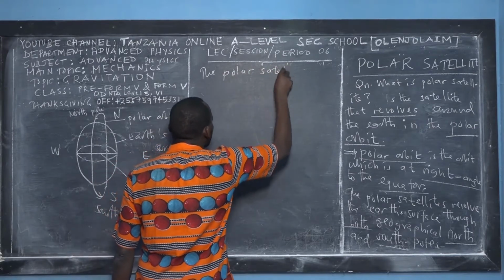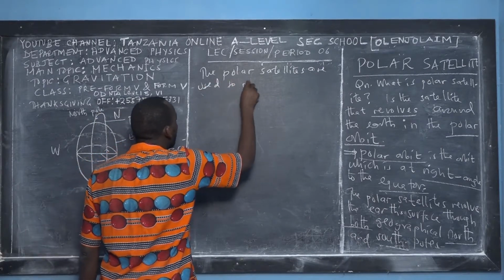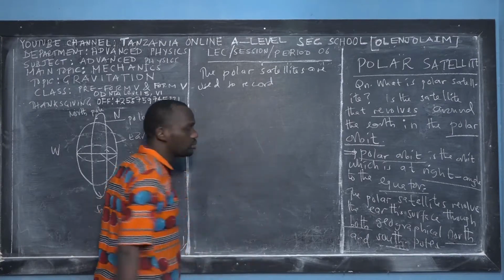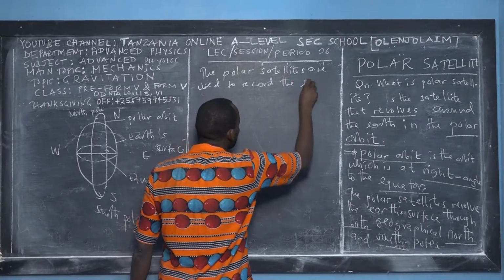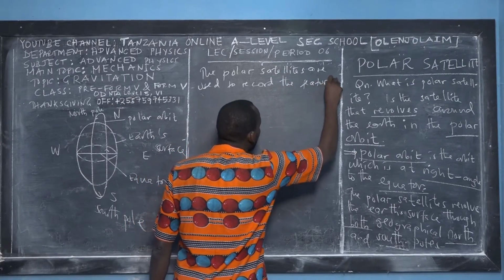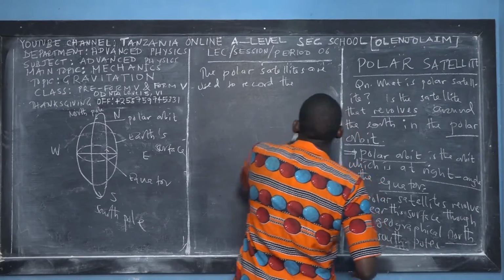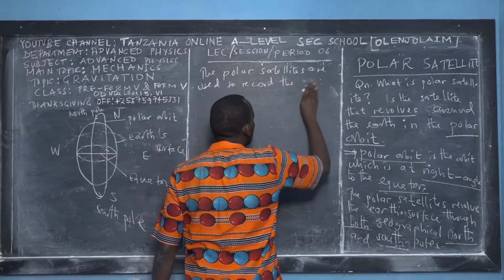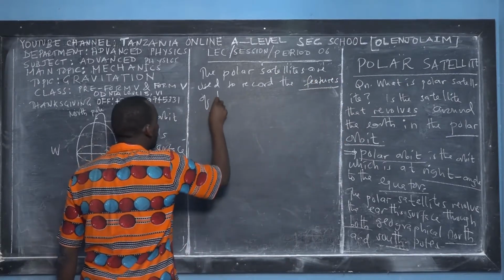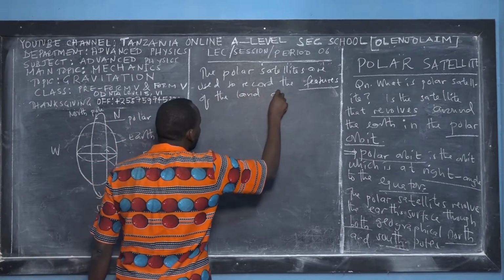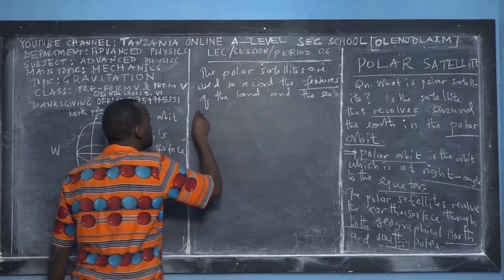The polar satellites are used to record the features of the land and the sea temperature.